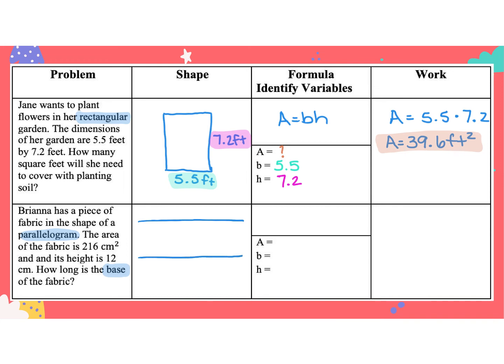So I draw two parallel lines and then diagonal lines for my parallelogram, and then erase the extra part of my parallel lines that I don't need. So we know that the area is 216 centimeters squared.